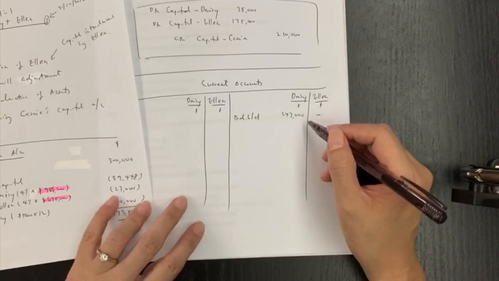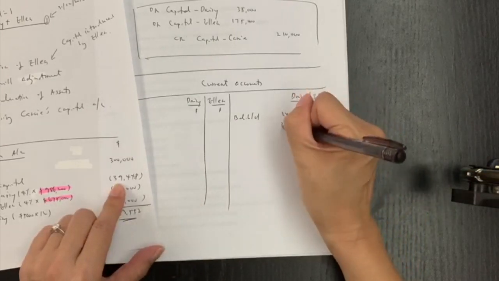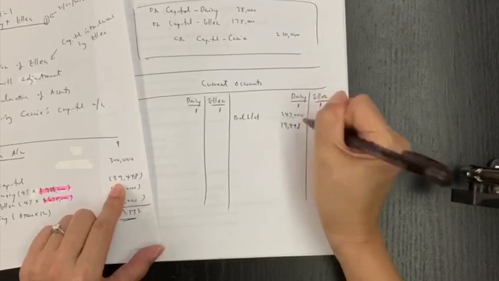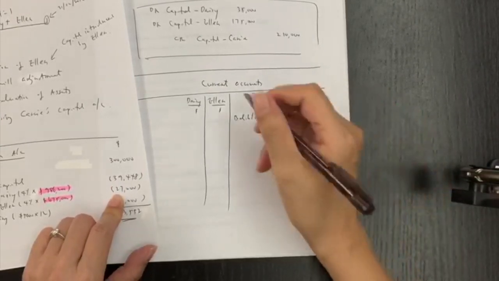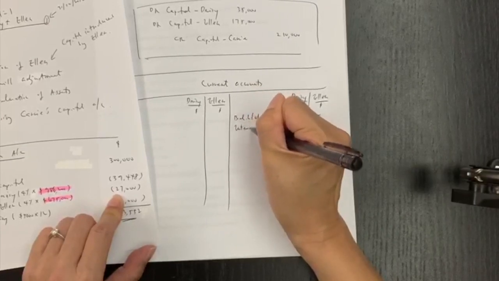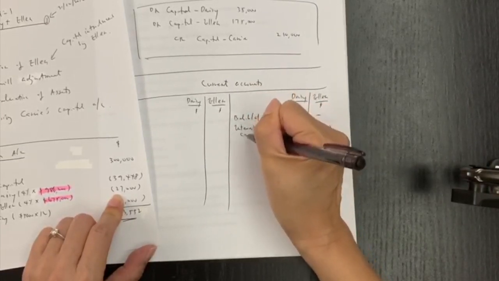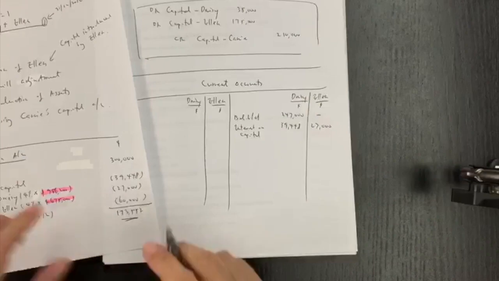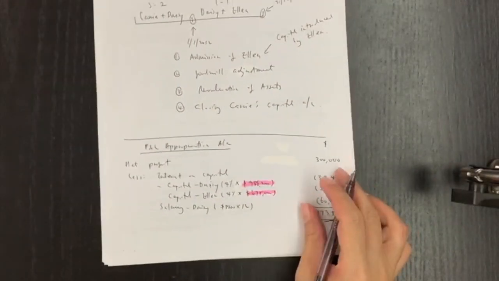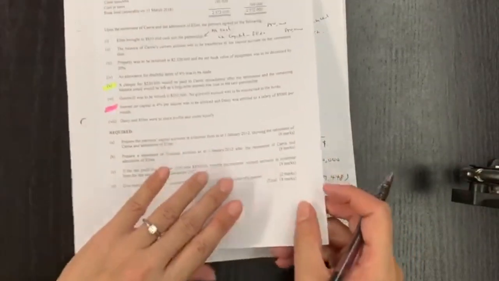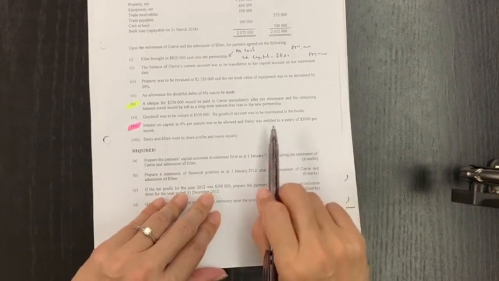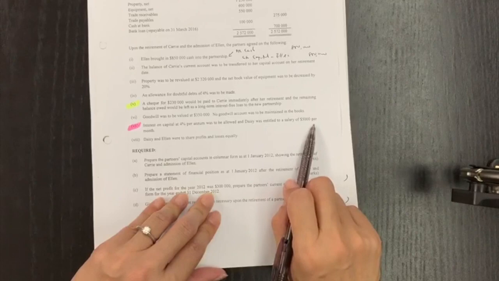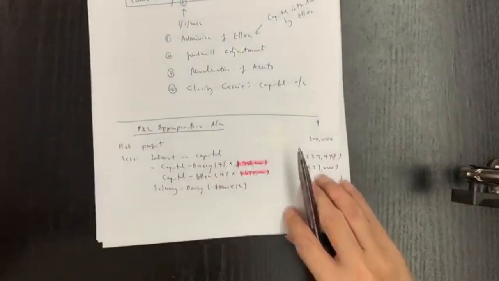So DSE will get 39,448 and 27 for Alan, and this is interest on capital. Similarly, not only interest on capital, at this point we also have salary to DSE. Now be careful, this is per month, so you need to times 12 here.